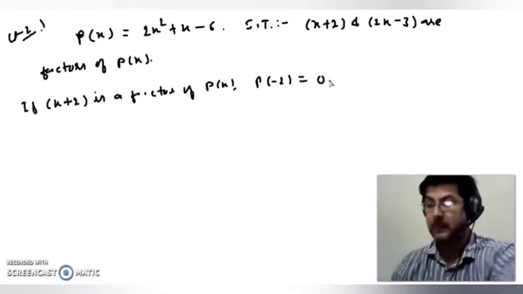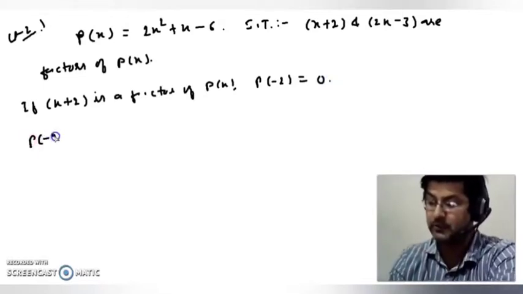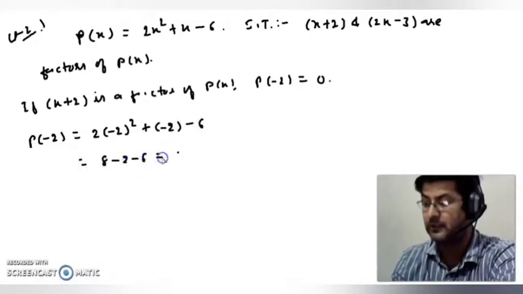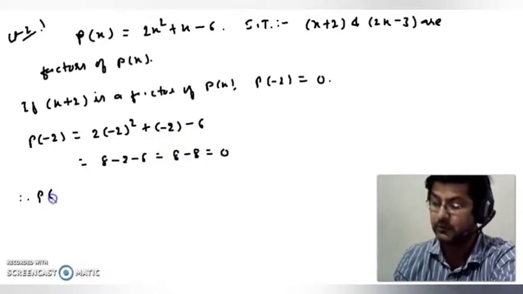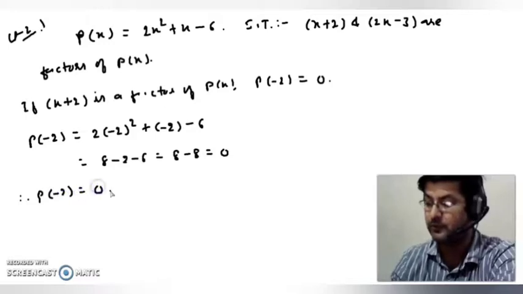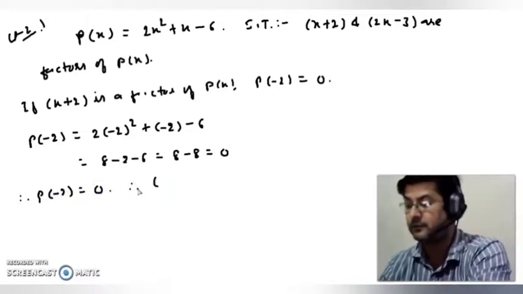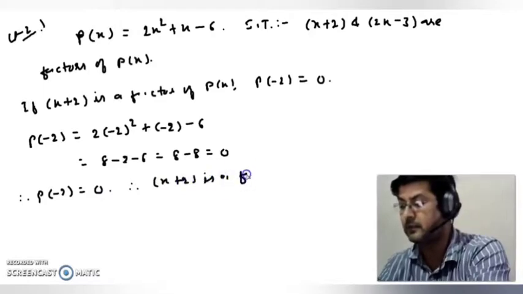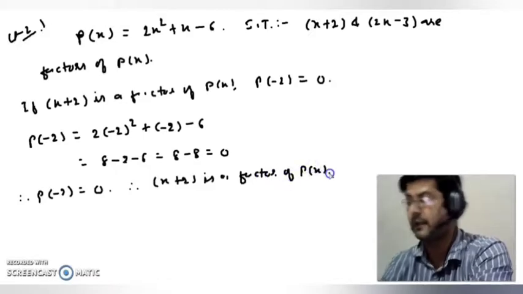Let us check whether P of minus 2 is equal to 0 or not. 2 into (minus 2) the whole square plus minus 2 minus 6. 8 minus 2 minus 6 is equal to 8 minus 8, which is equal to 0. Therefore, P of minus 2 is equal to 0, and therefore we can write that x plus 2 is a factor of P of x.